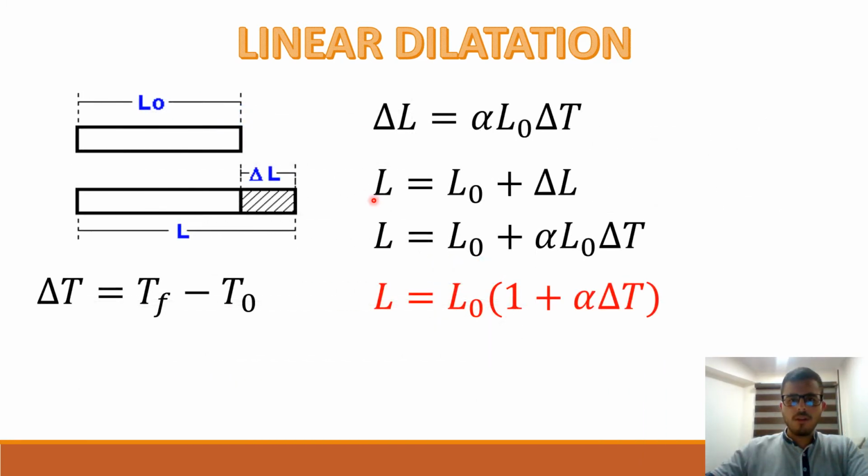Now, L is equal to the initial length L0 plus delta L. Replacing delta L in this equation and then factoring L0, the formula is obtained to calculate the final length of the bar after being subject to a variation of temperature.